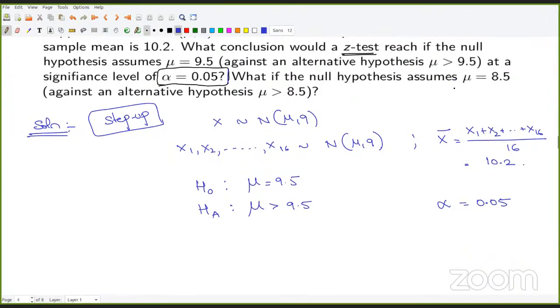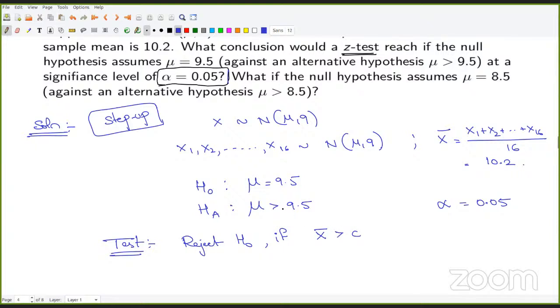In the last lecture, I said one thing. When you are going to fix your test, what test should I follow? When am I going to reject H0? Reject H0 if X bar is greater than C. Correct.